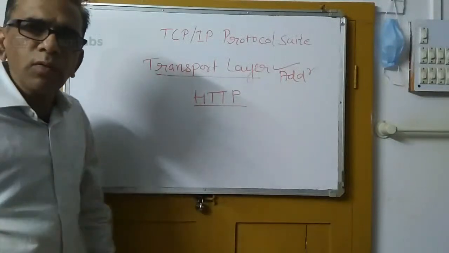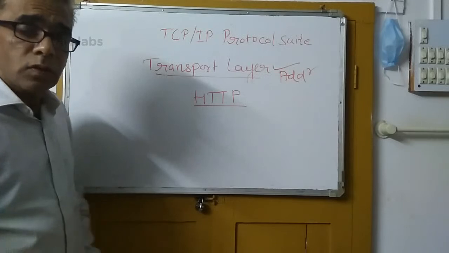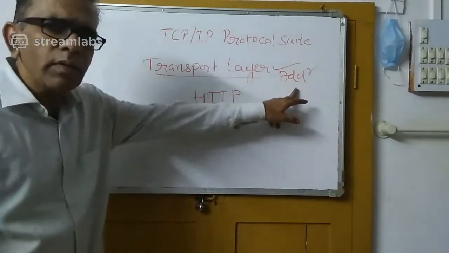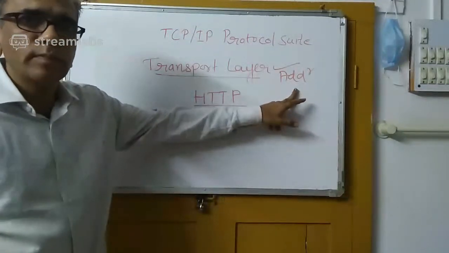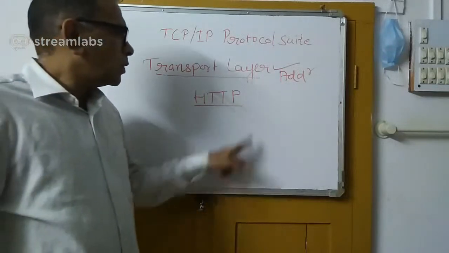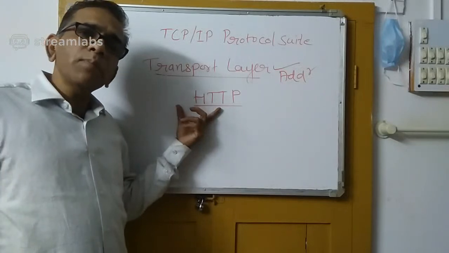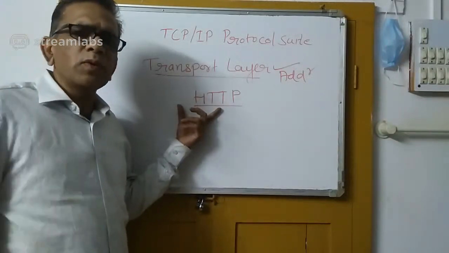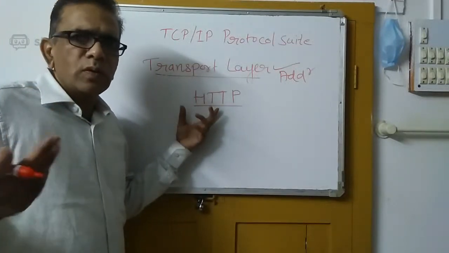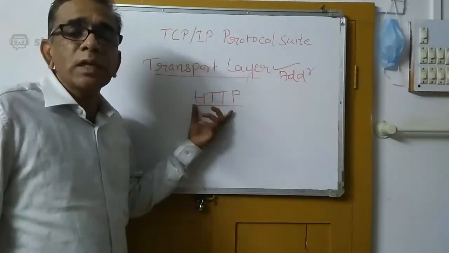Whenever you type a URL, www.google.com, you are not providing any number over there, but very easily you are reaching the Google server. Most of the processes in use on the internet, which we use for our daily activity, are of the type HTTP, Hypertext Transfer Protocol.